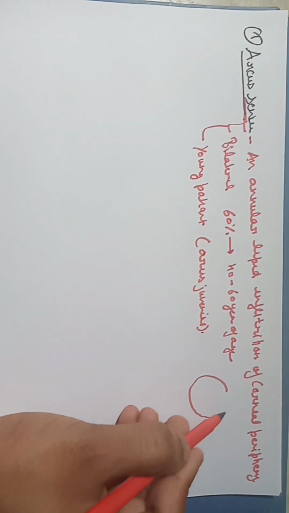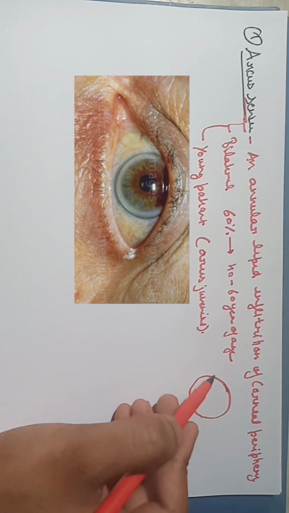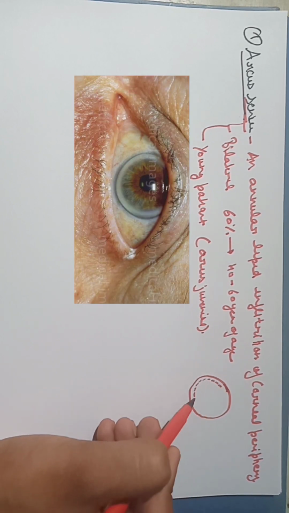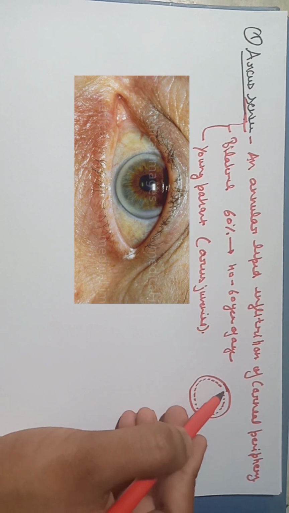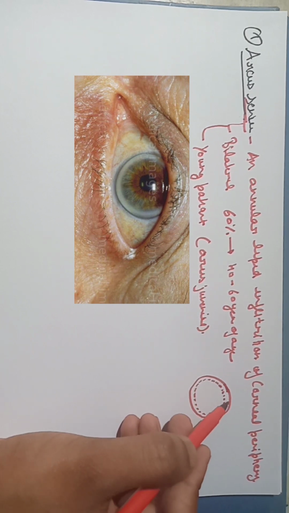This is the cornea. So arcus senile is present near the limbus, but does not touch the limbus.